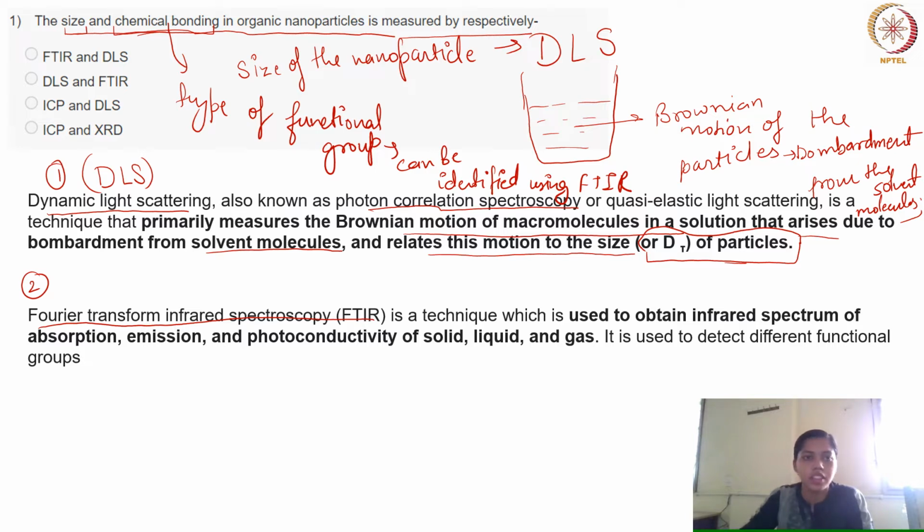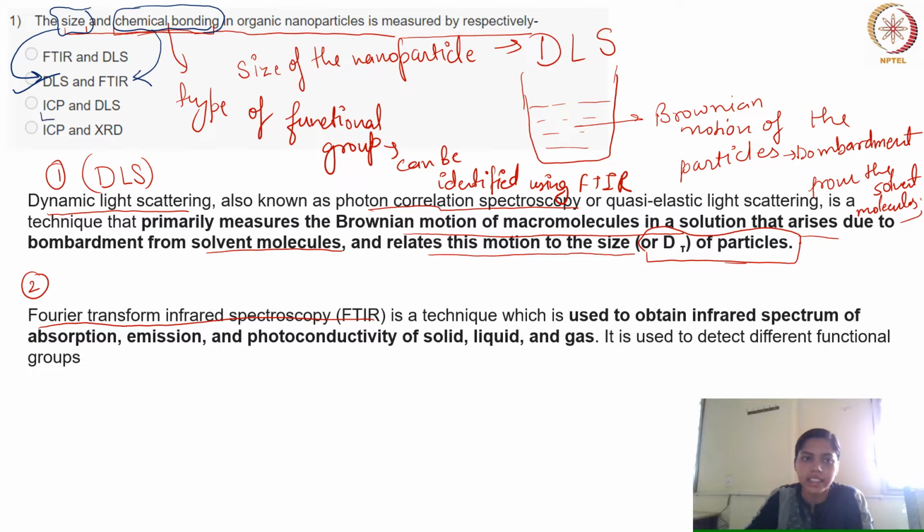So the question was, which technique is used to find the size and the chemical bonding. For the size, the DLS technique is used, and for the chemical bonding, to find out the type of the functional group, FTIR, which is your Fourier transform infrared spectroscopy, is used.